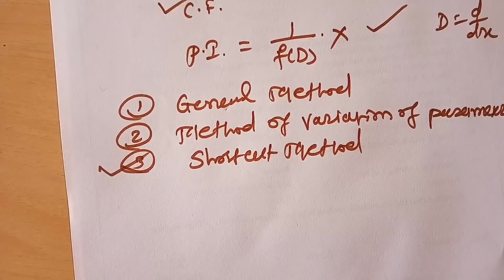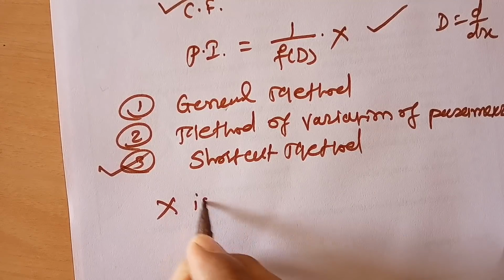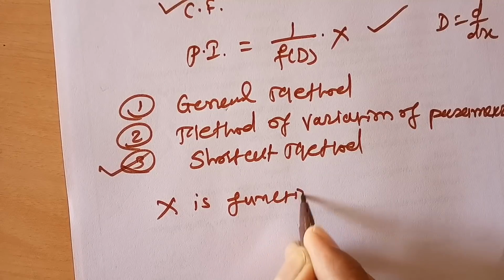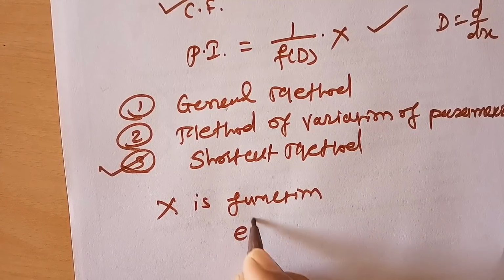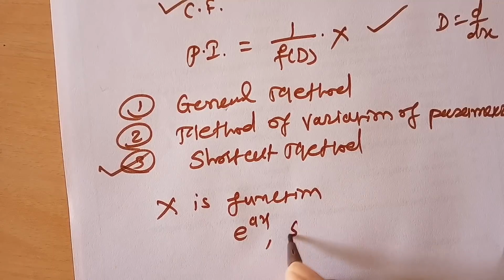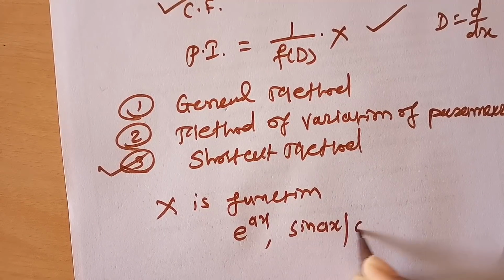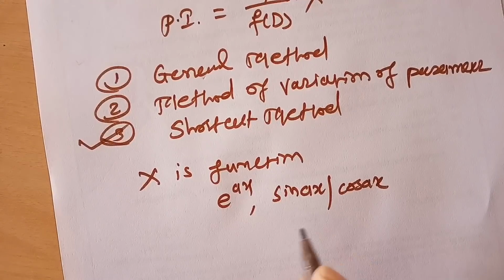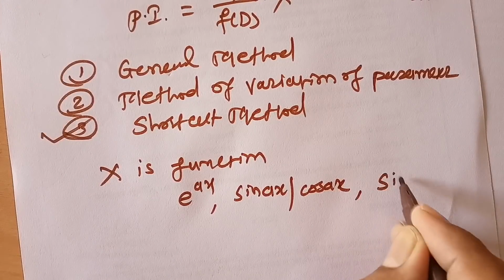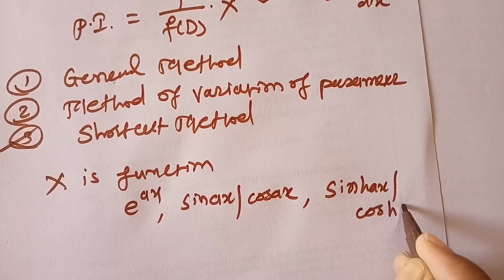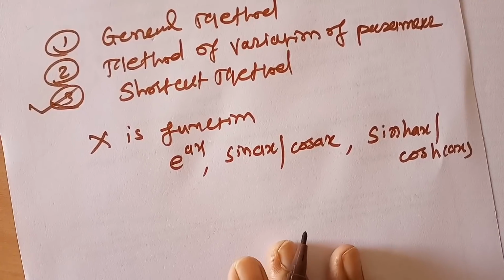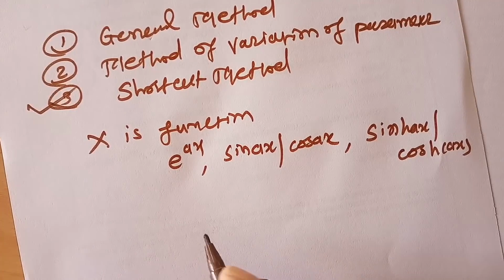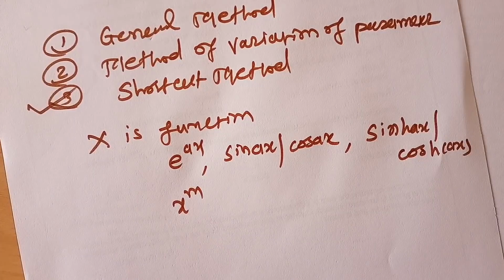We use the shortcut method for problems whose right hand side X is a function of e raised to power x, sin x or cos x, sin hyperbolic x or cos hyperbolic x, or sometimes a polynomial x raised to power m.